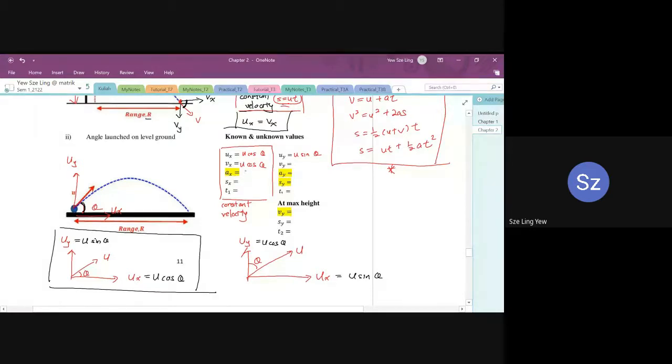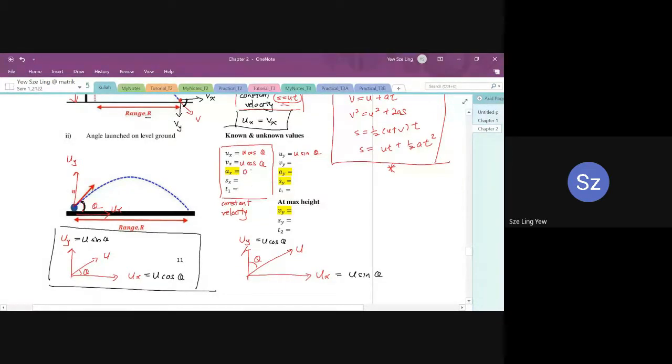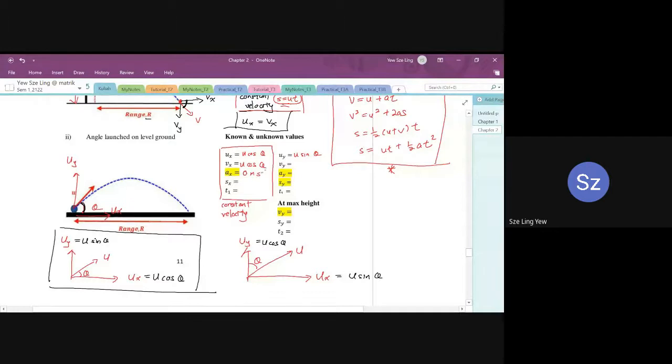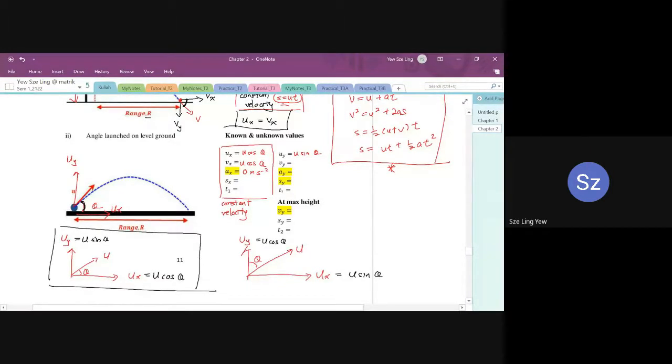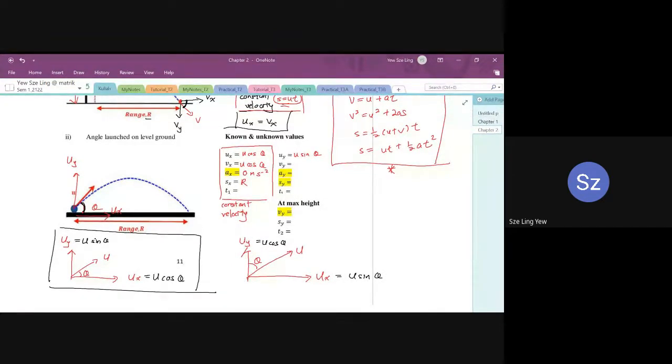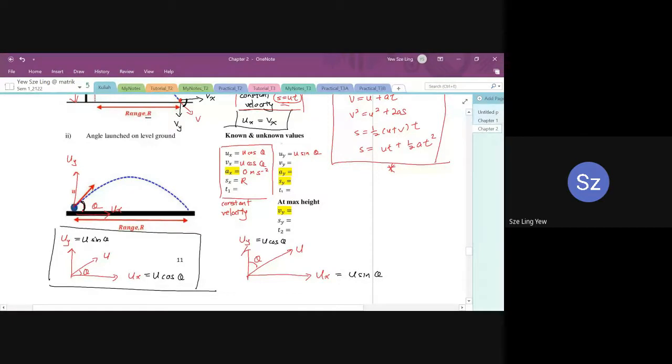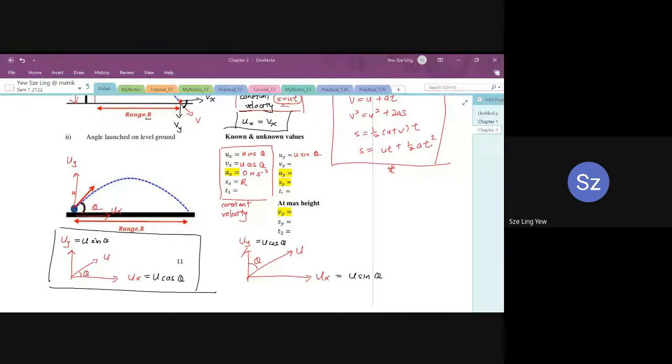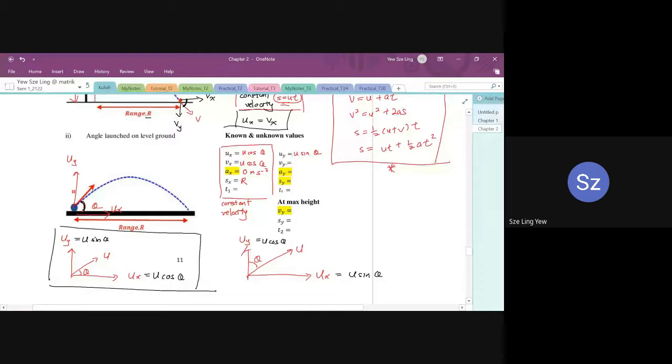Ax is always equal to 0 because of this constant velocity, in m s^-2. Sx, well, it's just the range, so I have R. And then the time depends on the question, see whether it's given or not. How about the Y component? So for the Y component, again, Uy is equal to U sine theta.